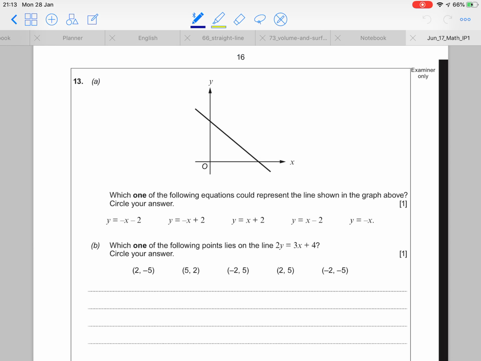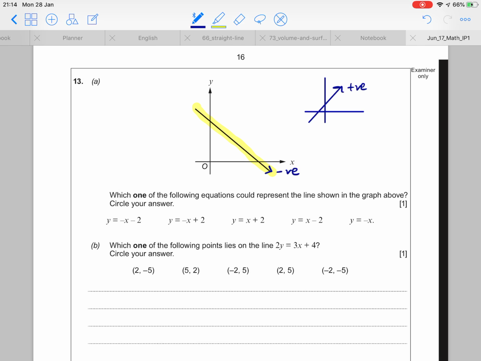Question 13. I've got a straight line graph, and it's asking me which one of the following equations could represent the line on the above graph. Circle your answer. Well, the first thing I notice is that the slope of this graph is negative. A positive graph would have had a positive gradient. So positive, ours negative.